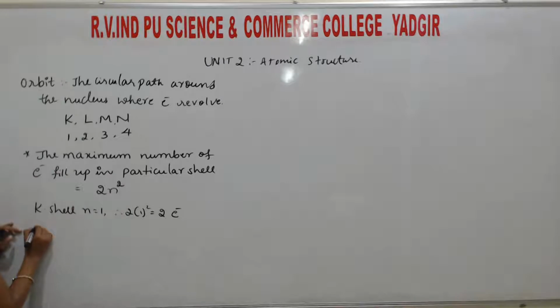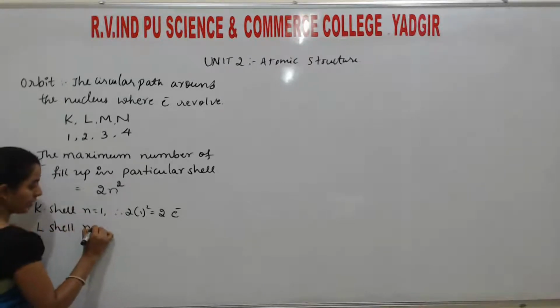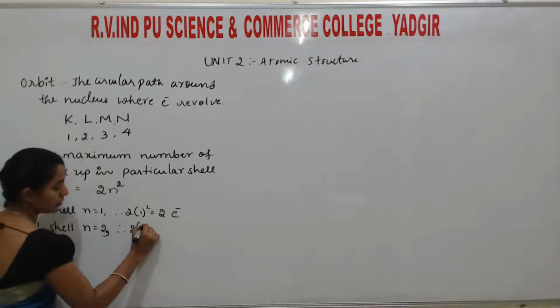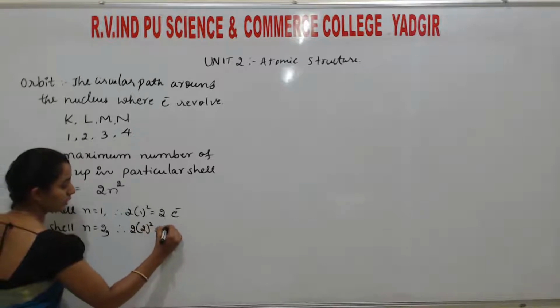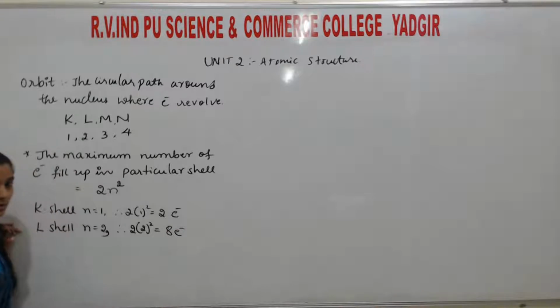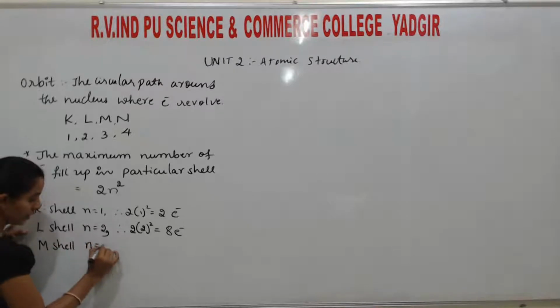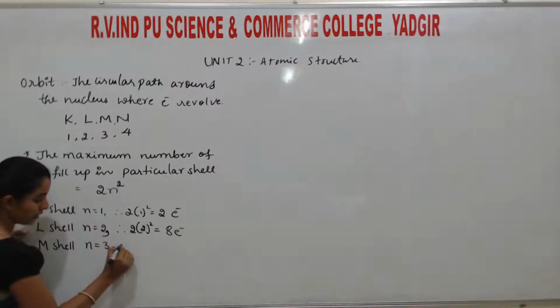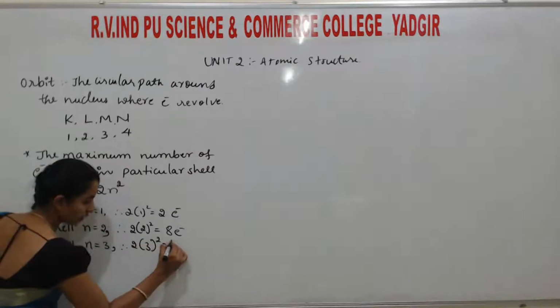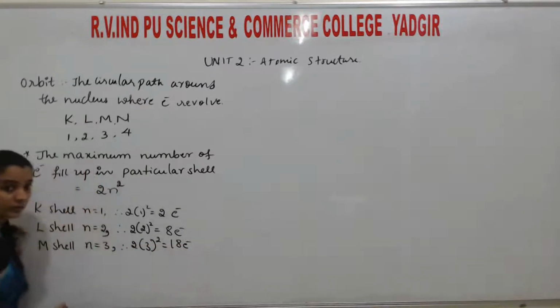Next, after K shell, L shell. For L shell, n is equal to 2, so 2 into 2 square, that is 8 electrons. Next, M shell, n is equal to 3, so 2 into 3 square, that is 18 electrons.